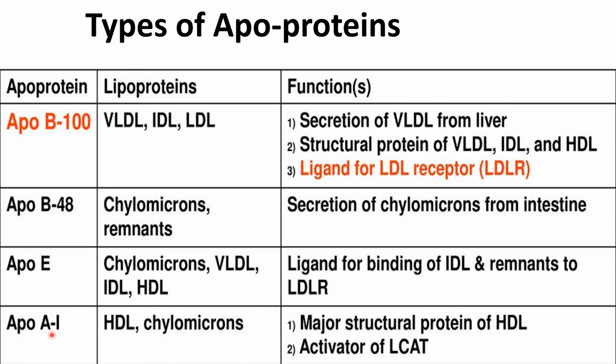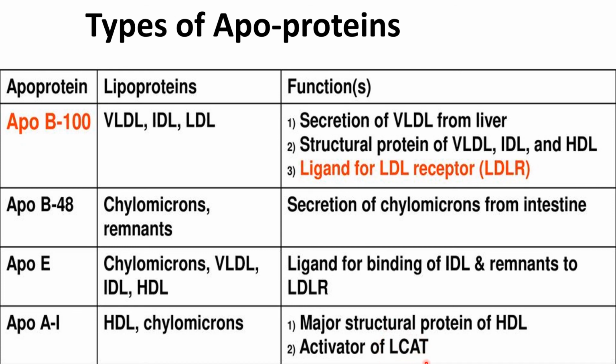ApoA1 is a structural component of HDL and chylomicron. As I told you, HDL, high density lipoprotein, has a role in the reverse transportation from peripheral tissues to the liver, and it carries cholesterol in the esterified form. What is an esterified cholesterol? When a cholesterol combines with a fatty acid, for that we need the enzyme LCAT.